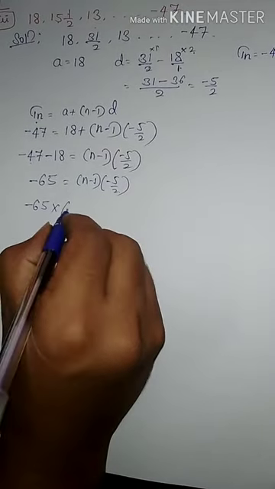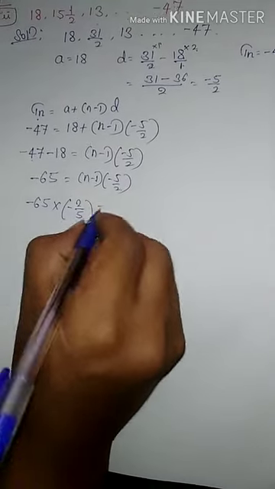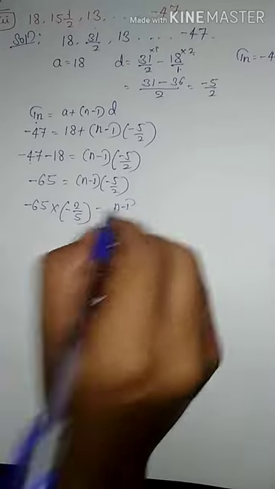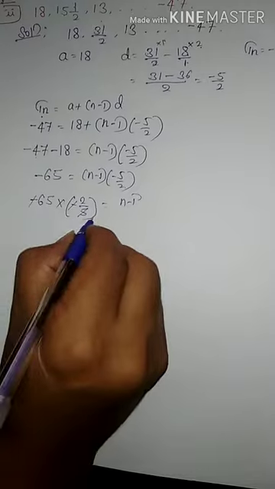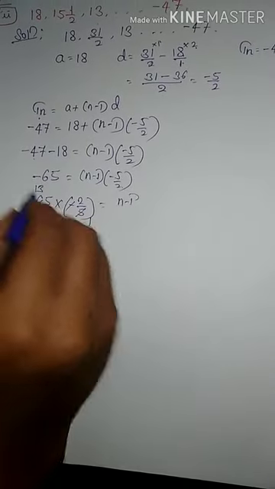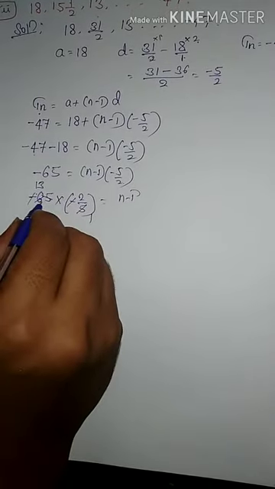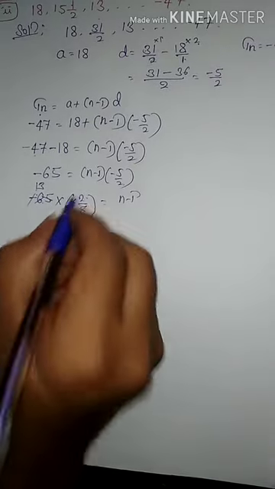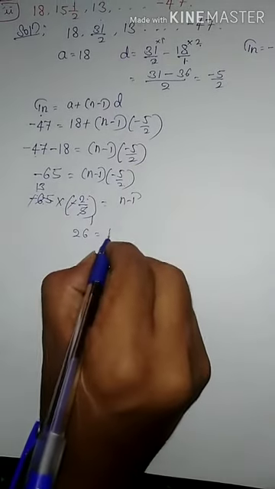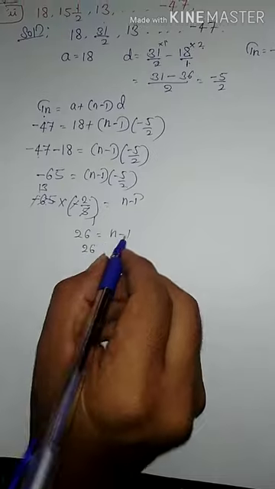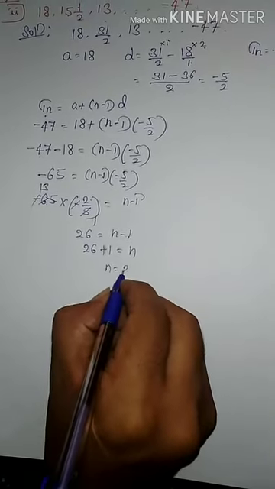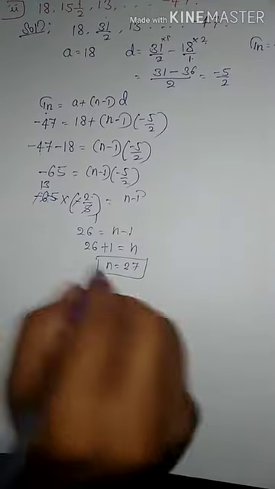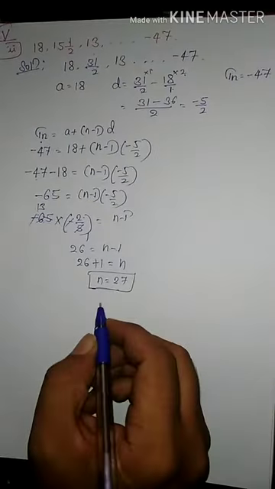Minus 5 by 2 becomes minus 2 by 5, is equal to n minus 1. And here minus into minus cancels, becoming plus. So 5 1s are 5, 5 13s are 65. 26 is equal to n minus 1. Minus 1 moves to the left-hand side and becomes plus 1. n is equal to 26 plus 1, 27. Hence, the number of terms in the given AP is 27.